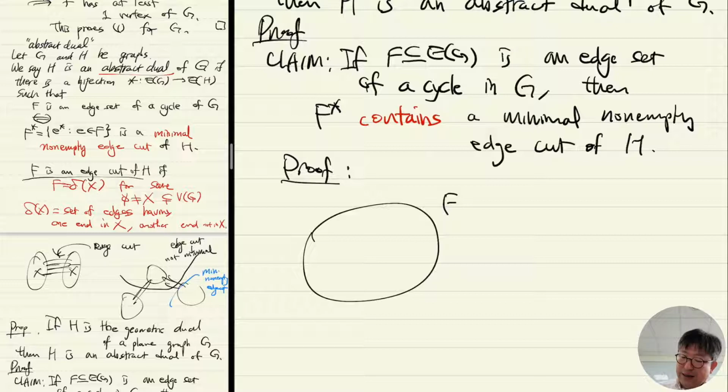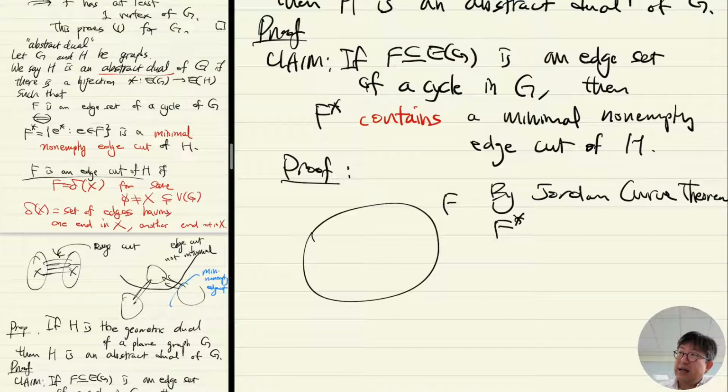Then there's no edge joining vertices inside to vertices outside. So by the Jordan curve theorem, F star is an edge cut.